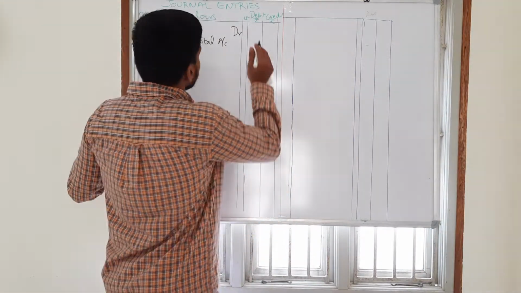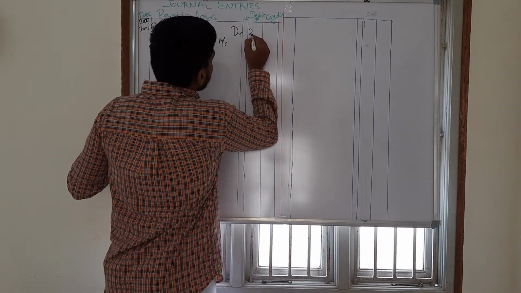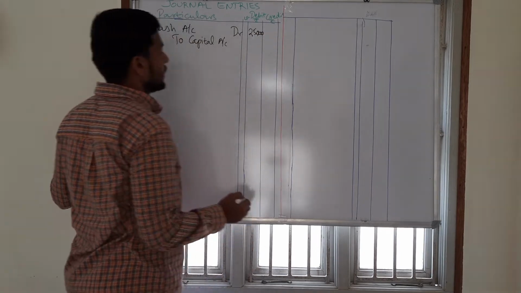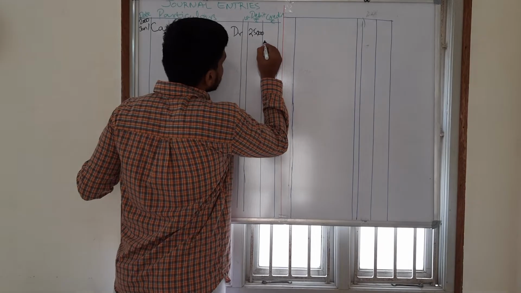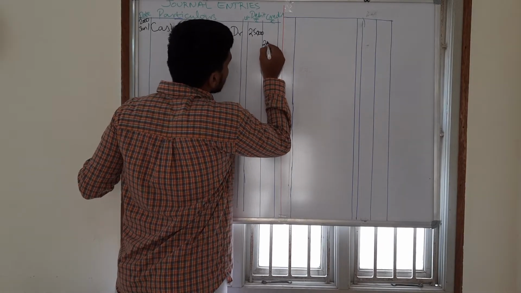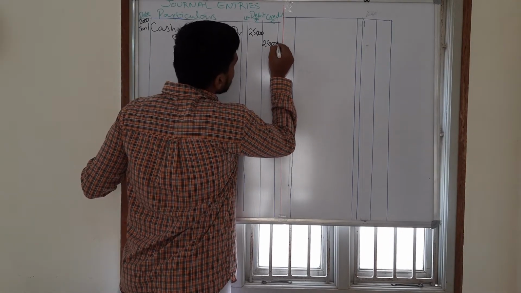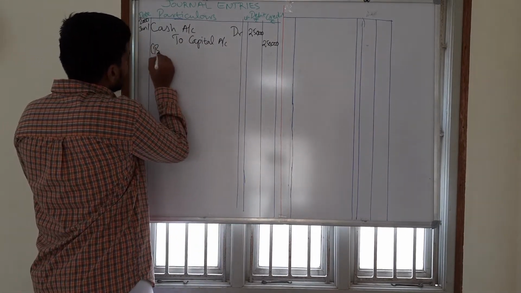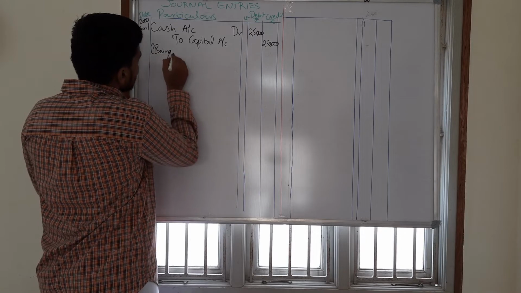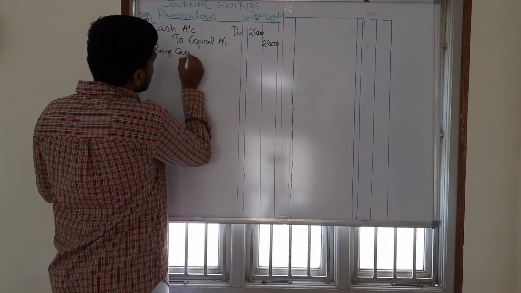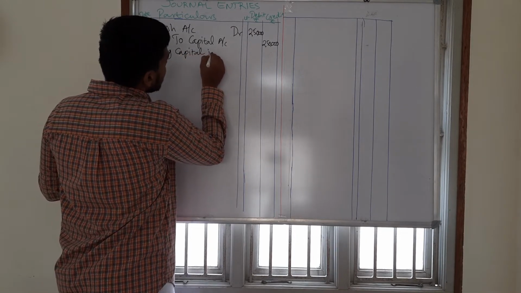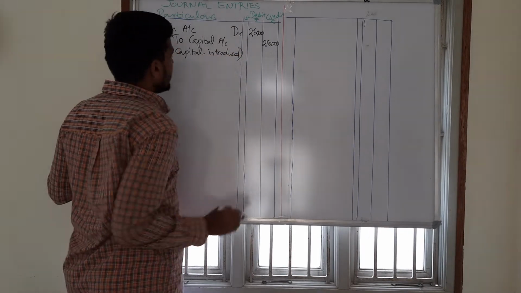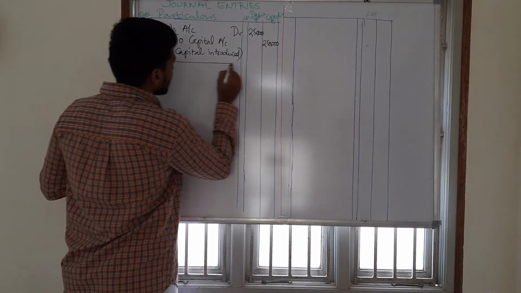The amount is 2,50,000, and we write the narration: being capital introduced. That's it, the first transaction.